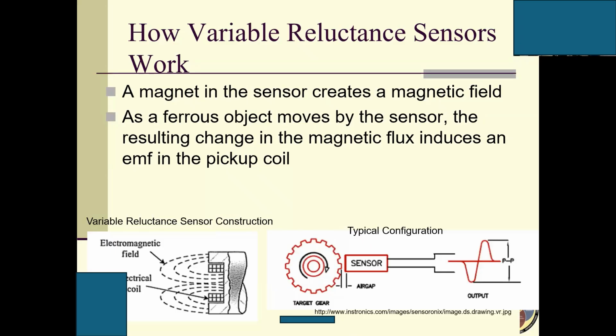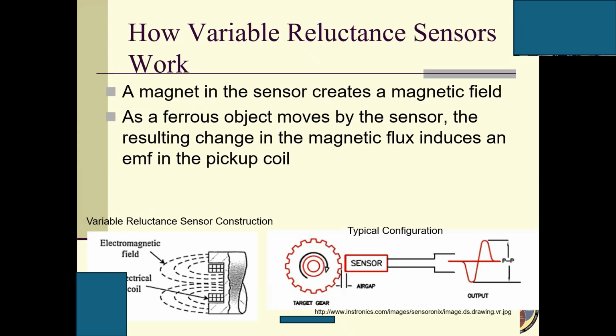EMF means that if we have a magnetic field and a conductive wire or loop, and the wire is moving, you will have an electrical voltage. This is called EMF. It is called a force, but actually it is a voltage.